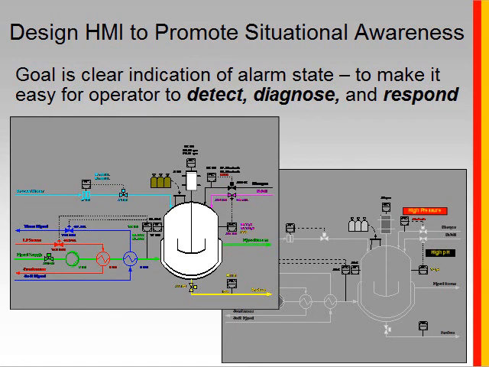The HMI design is really important for that, as well as to help the operator detect, diagnose, and respond to that alarm. Here we've got two different examples of potential HMI designs, one on the left and one on the right. The one on the left does not follow best HMI practices, and what we want is that when an alarm occurs, it jumps off the page at the operator.